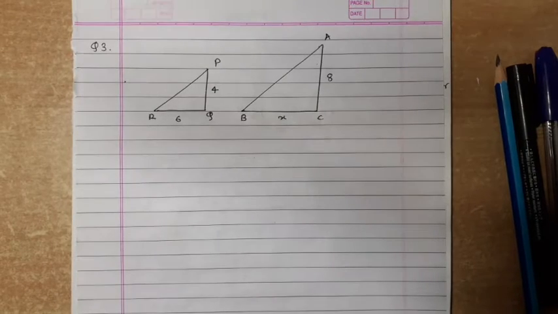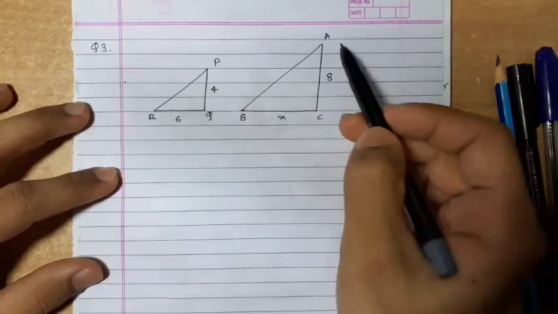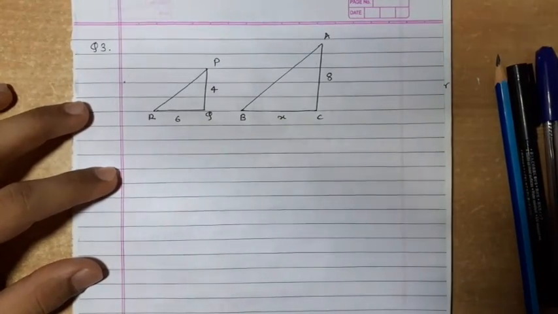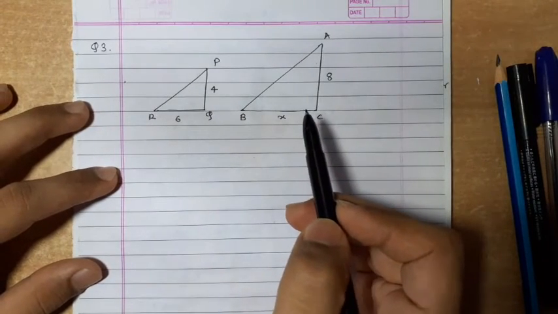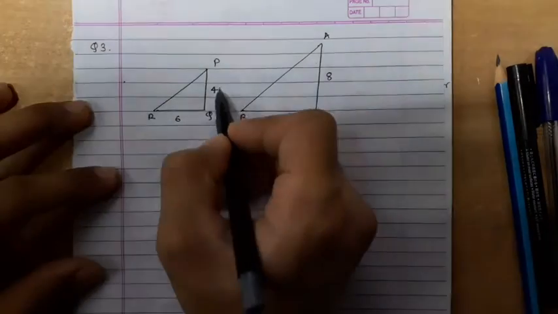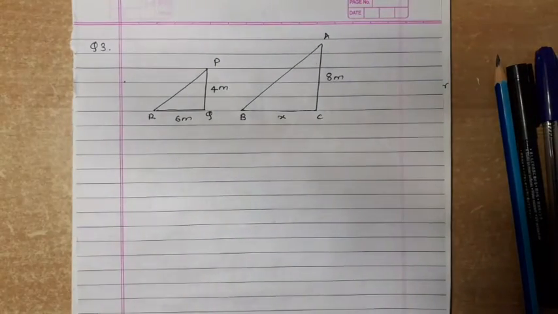So the question number 3 says that we have two poles, that is PQ and AC, where the length of pole PQ is 4 meters, and length of pole AC is 8 meters.